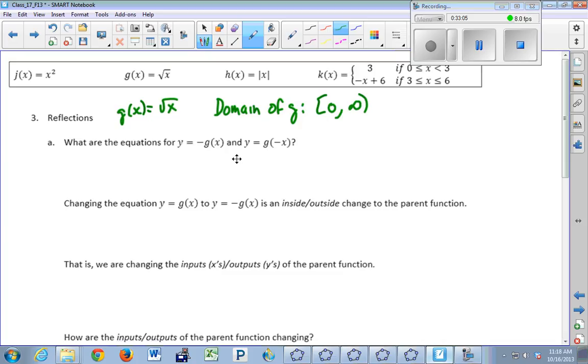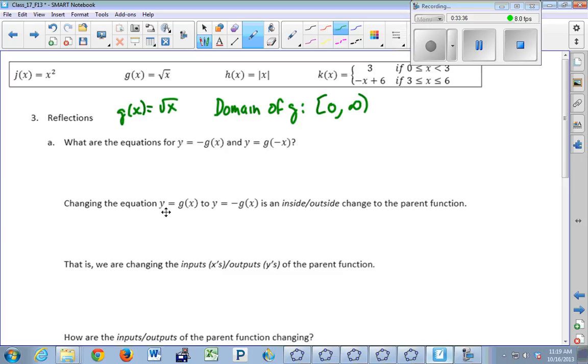Okay, so now we're going to be looking at what happens with these transformations. These types of transformations are called reflections. And they're basically a reflection across each of our axes. So we're going to reflect across the x-axis. We're going to reflect across the y-axis. So we have 2 equations. We have the opposite of our function, or we have g of the opposite of x.